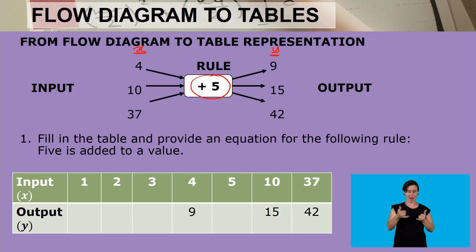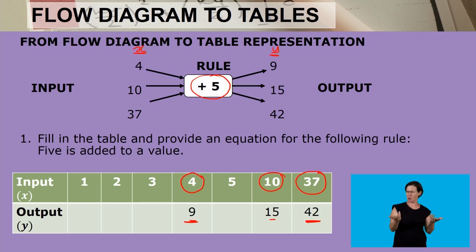Now, as you can see, the input value being 4, the output value is already written as 9. So that has been done already, as well as the input value of 10 has been written, the output value of 15, and the input value of 37 has been written with the output value of 42. What about the other input values?